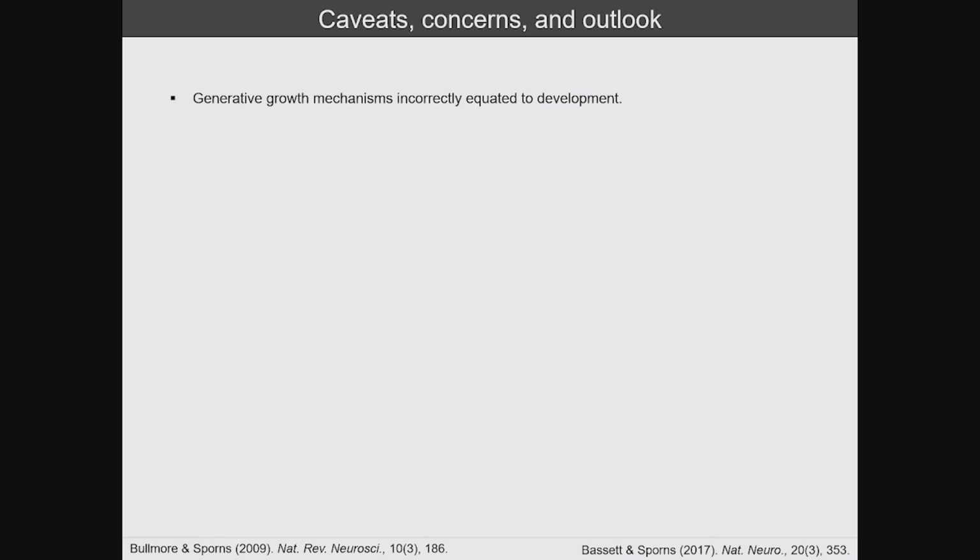So generative growth mechanisms, these kind of fall under maybe concerns or things that we should be on the lookout for in the future. These generative models are not necessarily designed to recapitulate development or biological growth. It's all stylistic. They're more compressive than anything else. They're seeking simple rules that explain the pattern of connectivity.